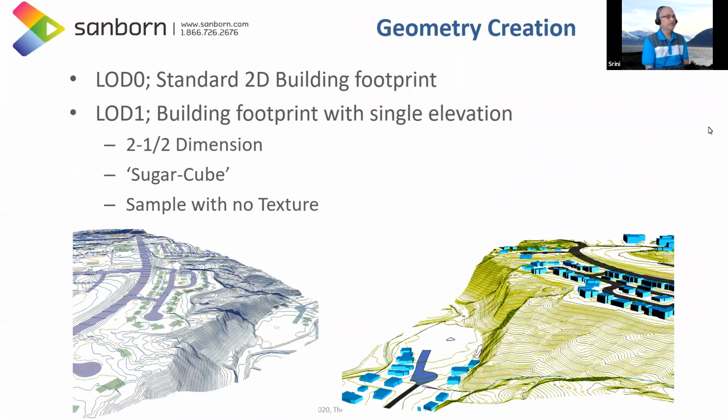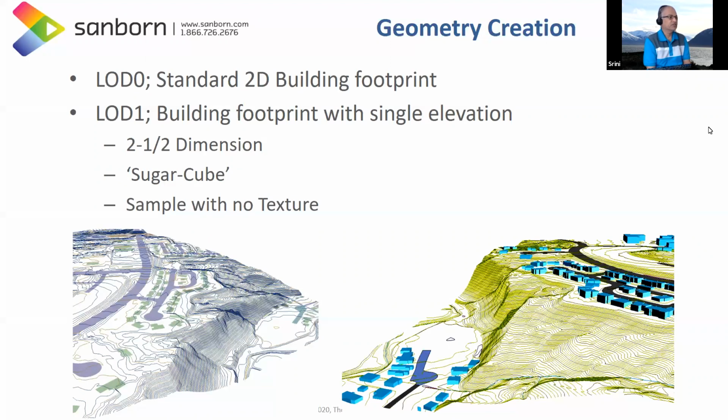So here we go one by one with regard to the level of detail. LOD 0, as I said, has no Z value, no elevation, and it is a standard 2D building footprint. It is created from an ortho imagery. Whereas LOD 1 is primarily created with one single elevation value. Primarily the highest point on the building is captured. We call it a 2.5D dimension, LOD 1.